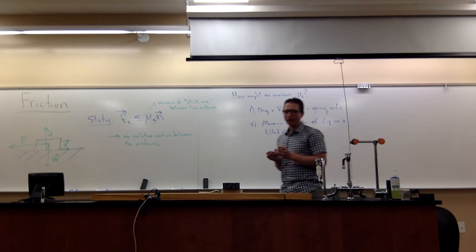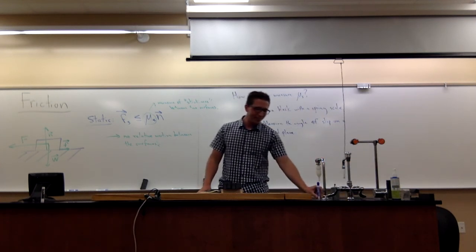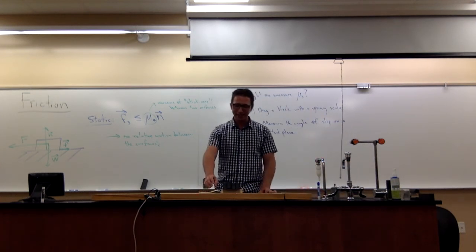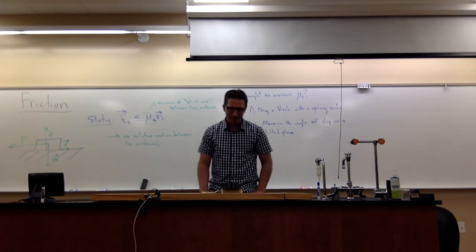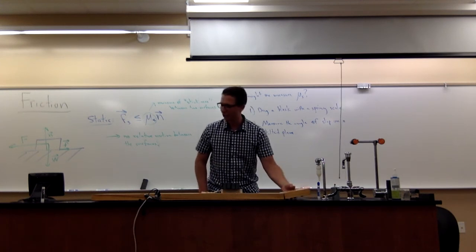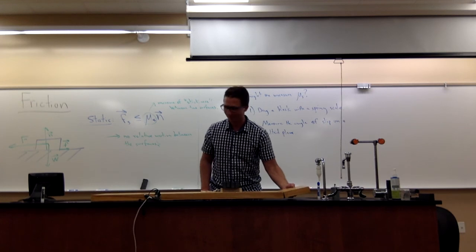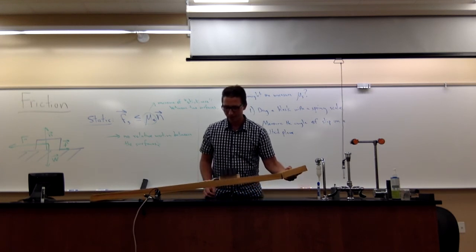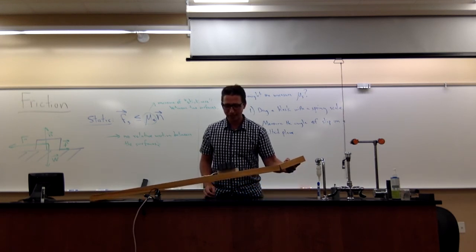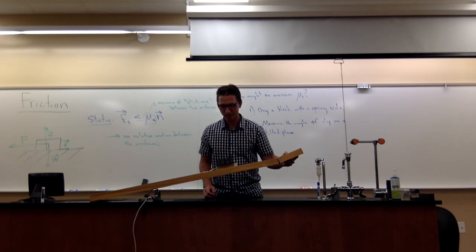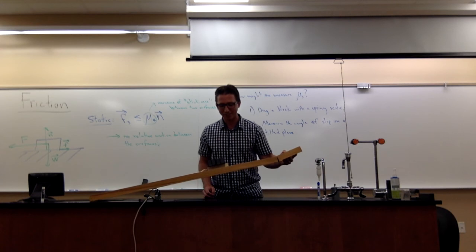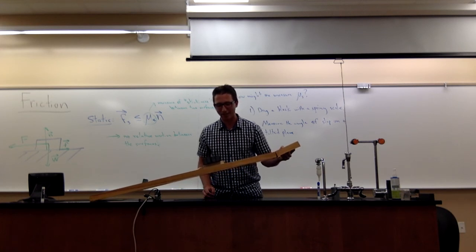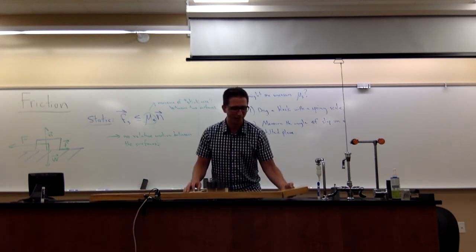So what do I mean by this? If I take this wooden block and begin to set it on an incline, slowly increasing the angle, I reach a point where the block starts to slide down. You can see the block slowly starting to slide down.